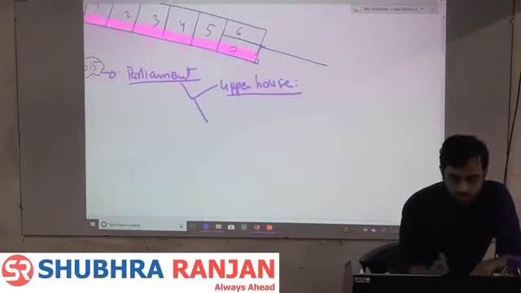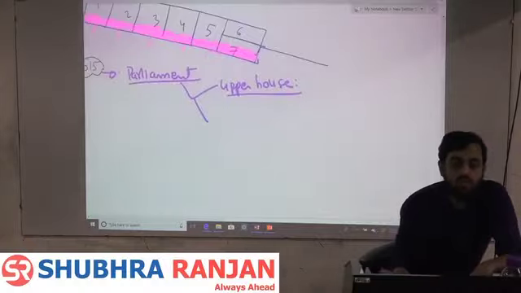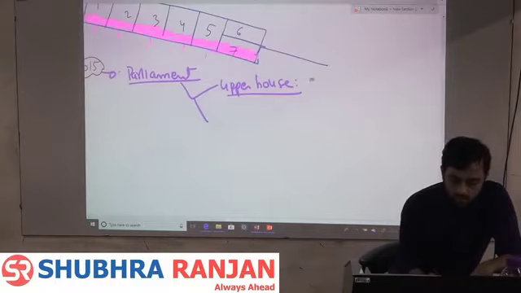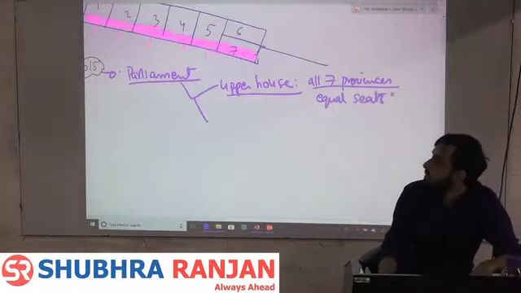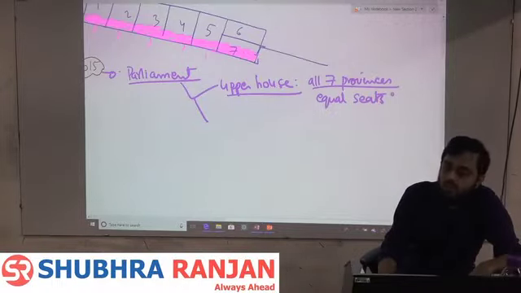In the upper house, the constitution granted them what? All 7 provinces were to get equal seats.